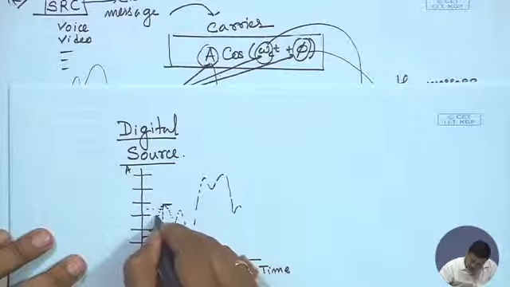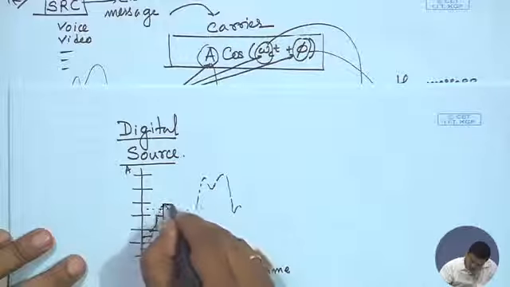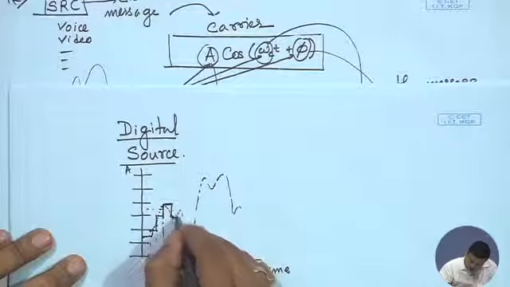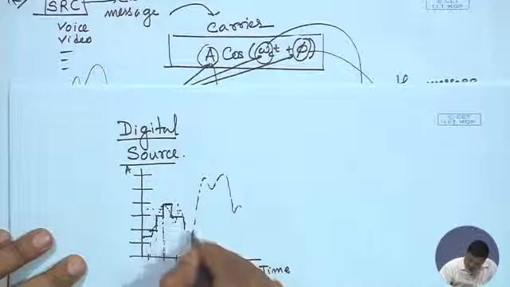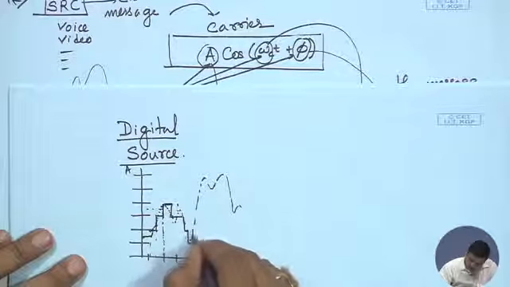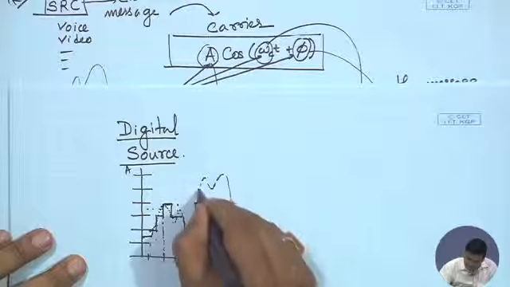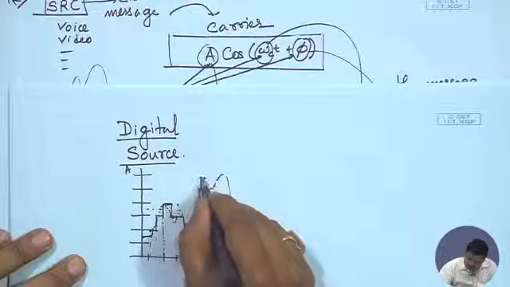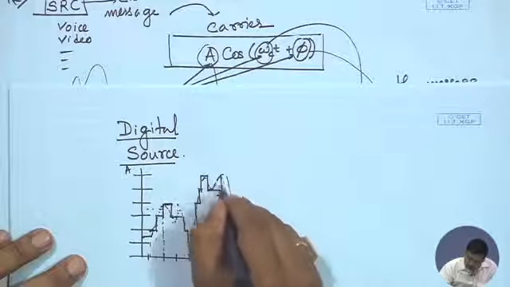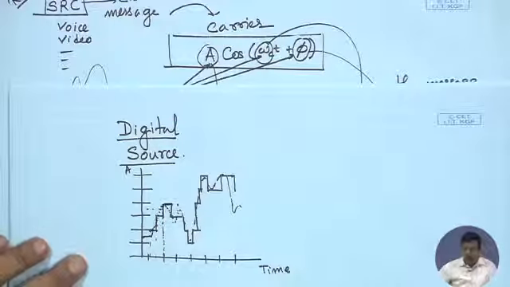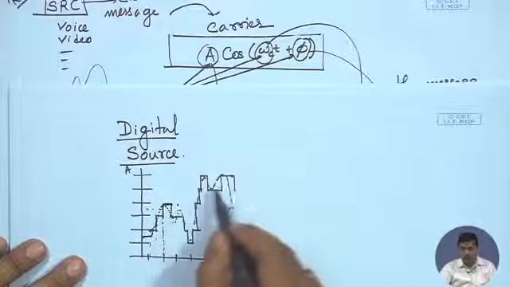I could say that I have a message which is almost like the one that I have drawn. What I'm trying to emphasize at this point is that it is taking discrete values, right? And the wave shape looks similar, only it is discrete.